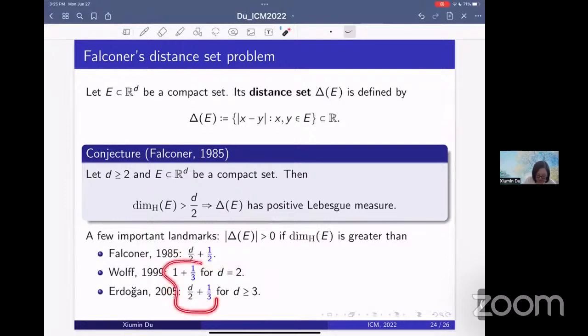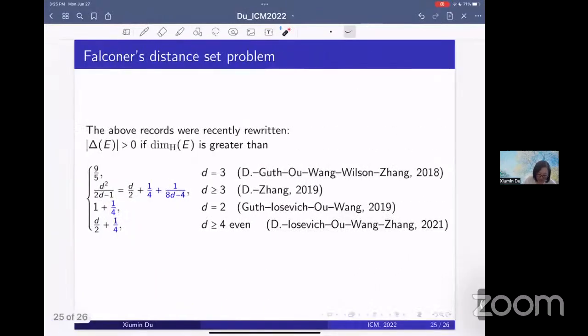And this threshold was further lowered to d over 2 plus 1/4 plus a small number, 1/(8d minus 4), in these two works. When d equals 3, in this joint work, we used a similar proof as that for the L3 Schrödinger maximal estimate. And in higher dimensions, this result follows from the weighted Fourier extension estimate proved by Ruixiang Zhang and myself.